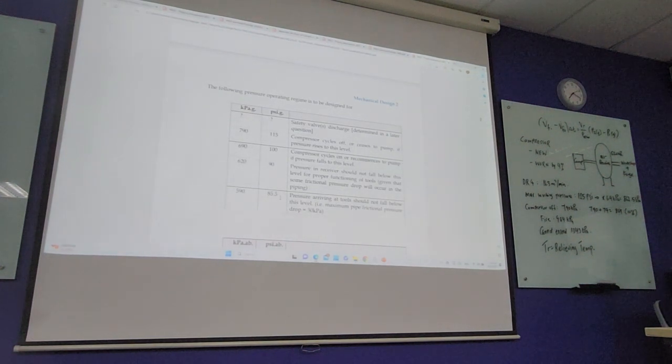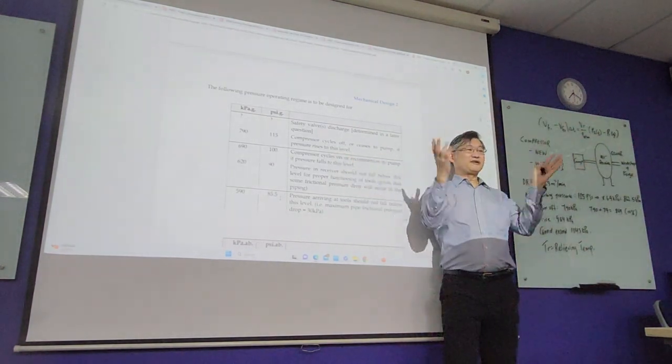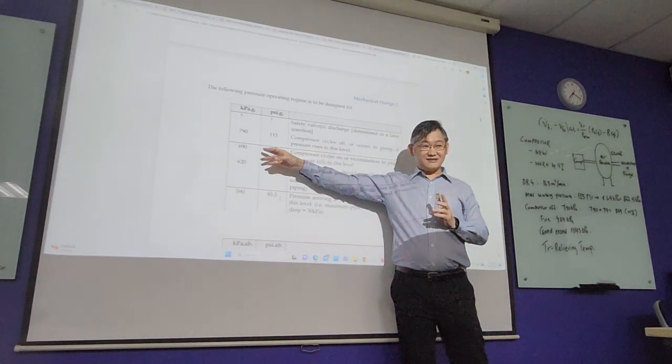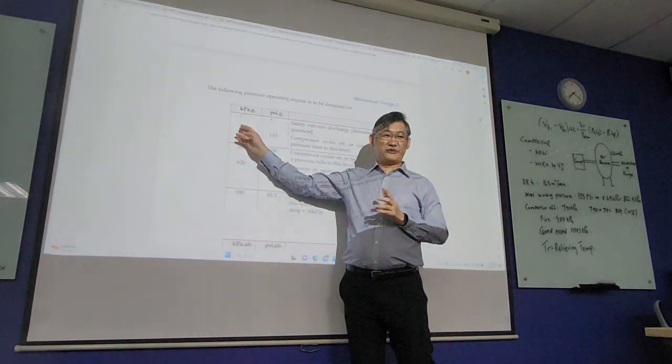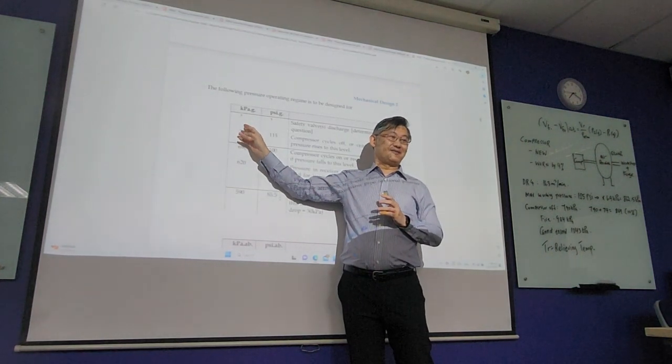Alright, so without the compressor running, what would be your maximum pressure inside the tank? Let's say the compressor is on at this 690. The maximum without the compressor will be 790? The compressor has to stop at this moment, meaning the compressor has to run to achieve 790.